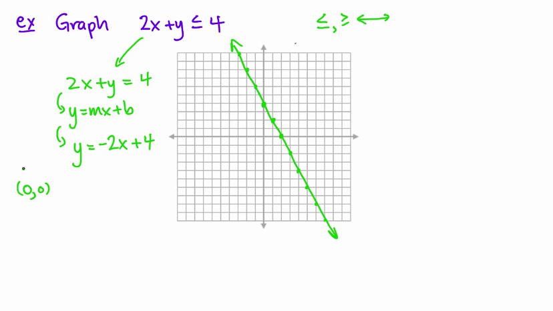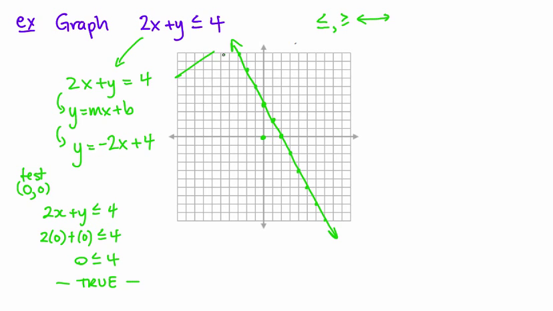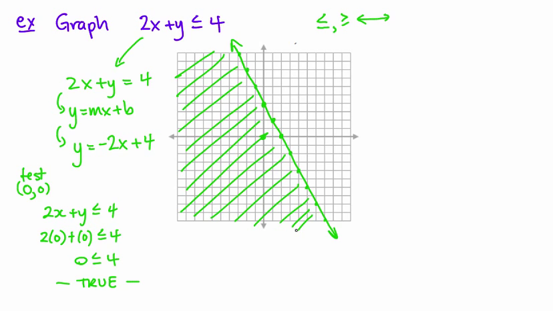I take that original inequality, 2x plus y is less than or equal to 4, and I substitute 0, 0 in for x and y, and I look to see what I get. Well, 0 is less than or equal to 4. Since that's a true statement, then 0, 0 is part of the solution, and this side needs to be shaded in, because all points on this side of that line will be solutions. And that's all there is to graphing linear inequalities.